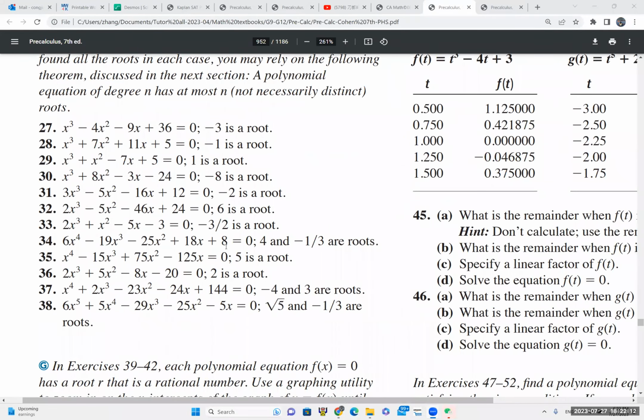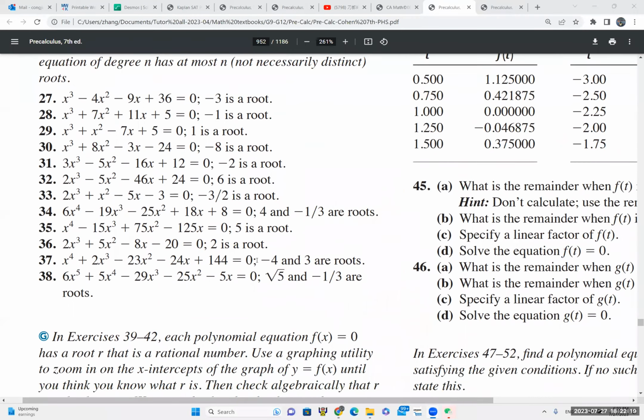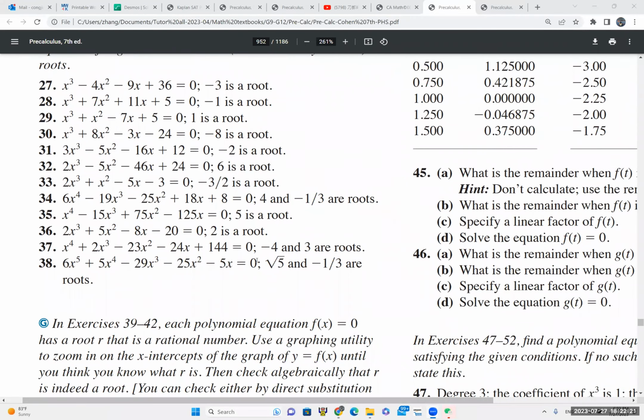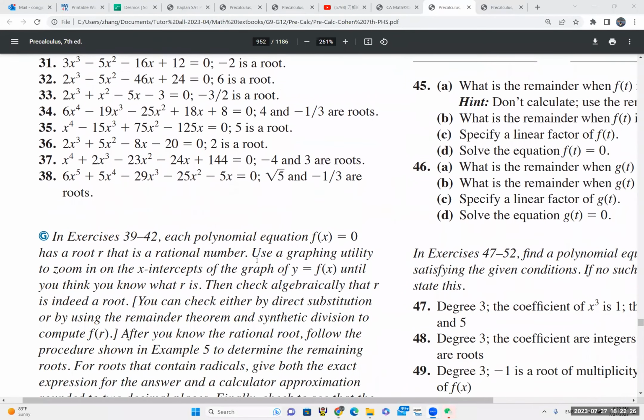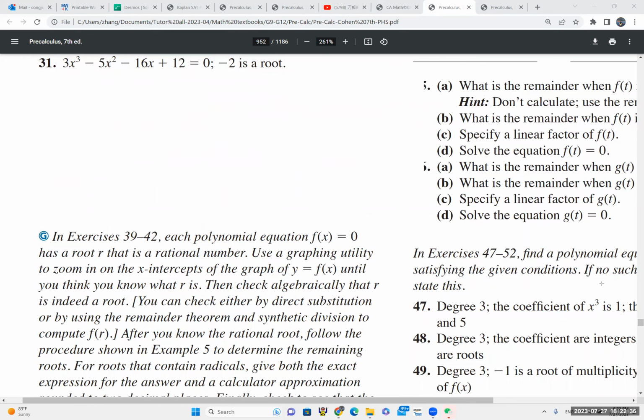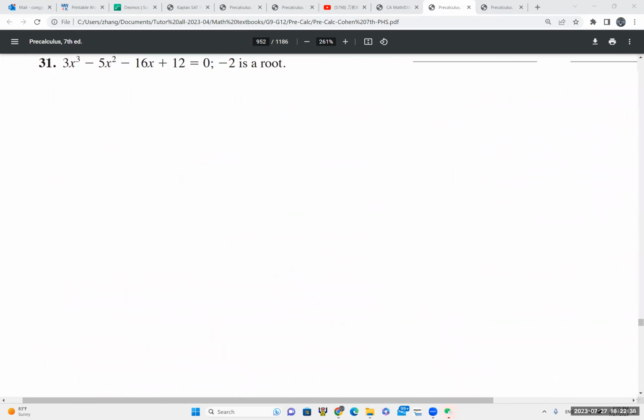We'll choose one. How about 31? Okay, 31. If you want, you can just write on the screen directly.